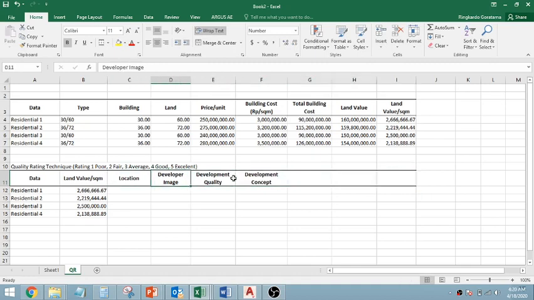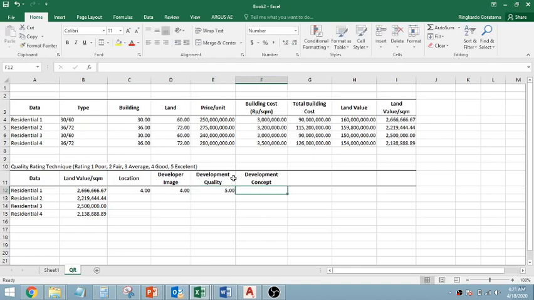I'm only using 4 criteria for this. So let's say for residential 1, the location is good, so we put 4. The developer image, let's say it's good also, so we put 4. And the development quality is excellent, so we put 5.